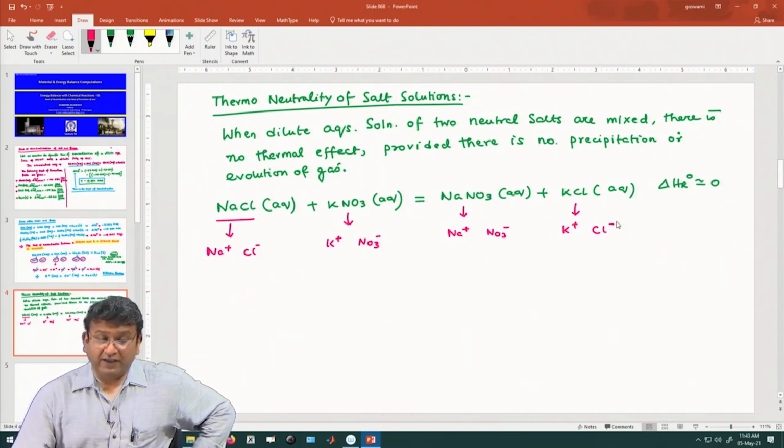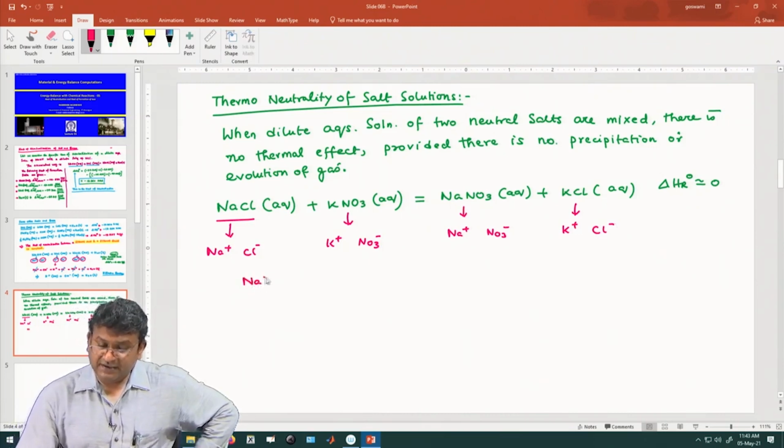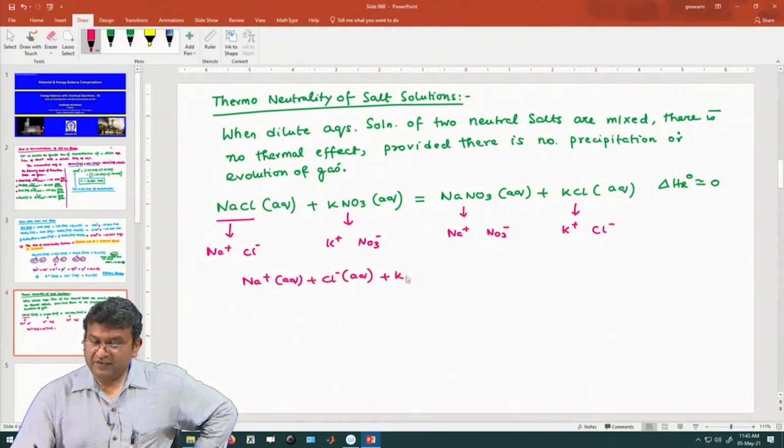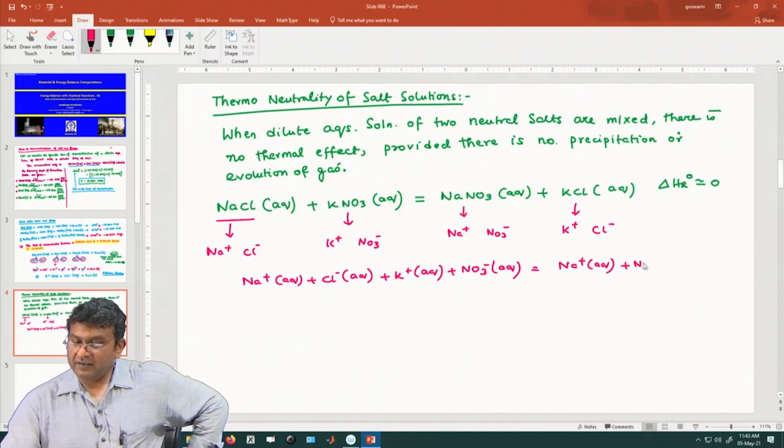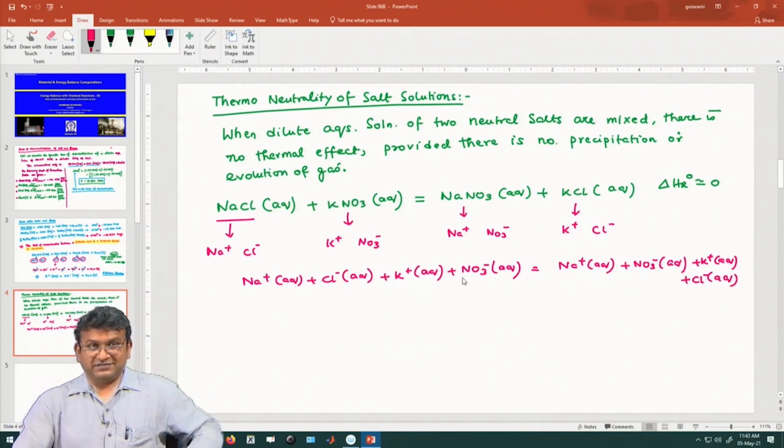If you look into the ionic reaction, Na plus aqueous plus Cl minus aqueous plus K plus aqueous plus NO3 minus aqueous leads to Na plus aqueous plus NO3 minus aqueous plus K plus aqueous plus Cl minus aqueous, and you can see there is actually no reaction.